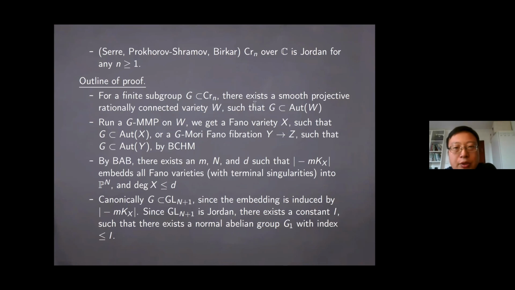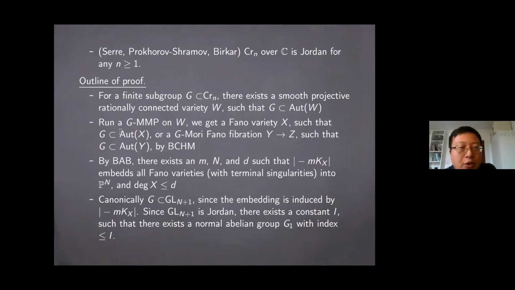There exists a G-equivariant blow-up, so we can assume there exists a smooth projective rationally connected variety W such that G is a subgroup of Aut(W). First we consider the birational automorphism of P^n, resolve its indeterminacy, and get an automorphism of W. Here we need to do some blow-ups, so we can only say W is rationally connected.